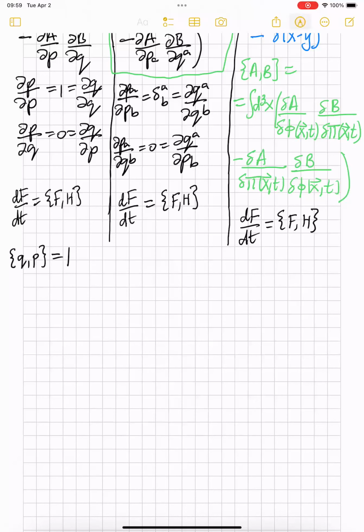What does this correspond to in the quantum theory? Well, if you work out the commutator between the operators, it's given by i h-bar multiplied by the value of the Poisson bracket. This is lovely because this commutator between q and p is an equation that determines what we mean by the position and momentum operators.